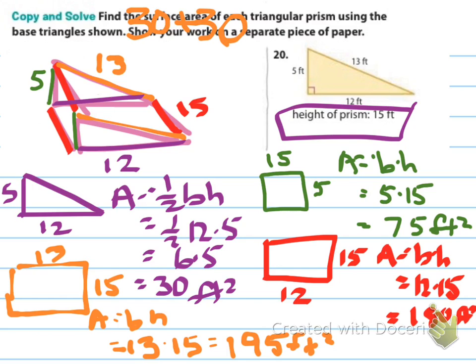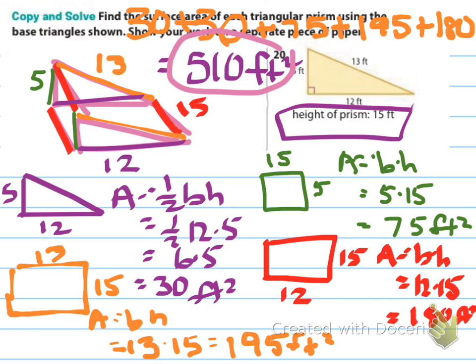And then 75 plus 195 plus 180. When we add all those together, that's going to give us our surface area. And we get our surface area of 510 feet squared.